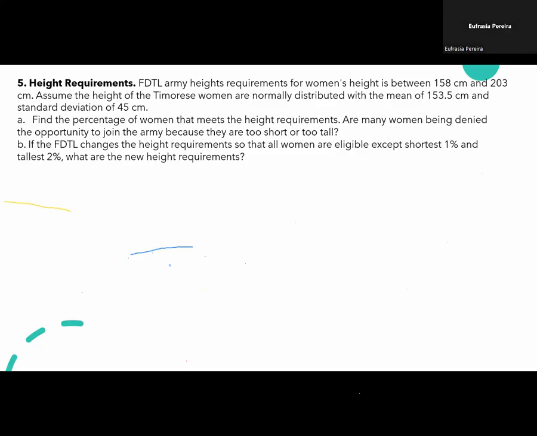And they also assume that the height of Timorese women is normally distributed with the mean of 153.5 centimeters, and also the standard deviation is 45 centimeters. So in question A, it says to find the percentage of women that meet the height requirements.